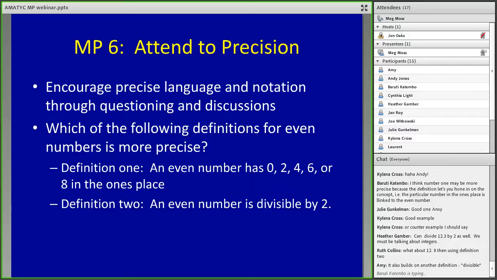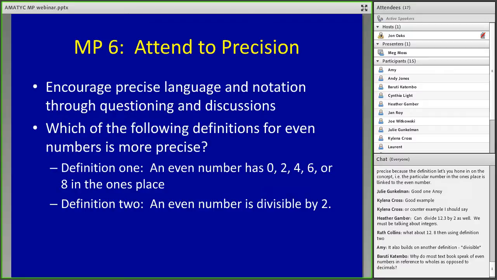But divisible, like if we say that 12 is divisible by 2, don't we mean that it's divisible by 2 because we get a whole number when we divide? Yeah, exactly. It also builds on the definition of divisible, exactly. So that's another thing about precise definitions, right? Are all the words in there, have they been defined before? Do they mean what?